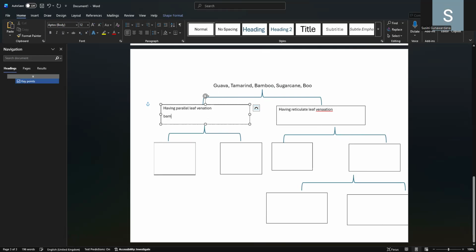That is bamboo and sugarcane. Here you have reticulate leaf venation, that is guava, tamarind, and bo. I will give you a little time to divide the remaining organisms. Go through that.